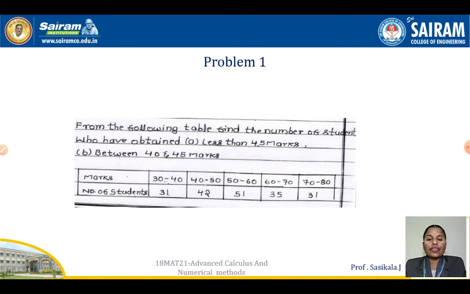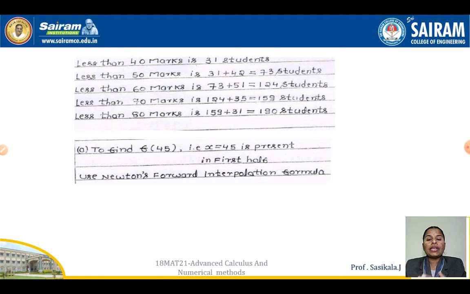So 50 to 60, 51 students are there. From 30 to 40 plus 40 to 50, then 50 to 60 to be added. You can add 31 plus 42 plus 51, or from the last value, 73 plus 51.